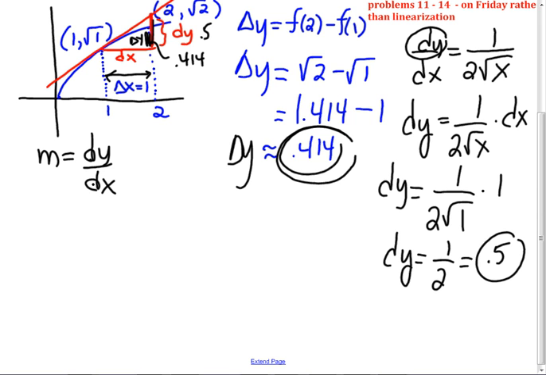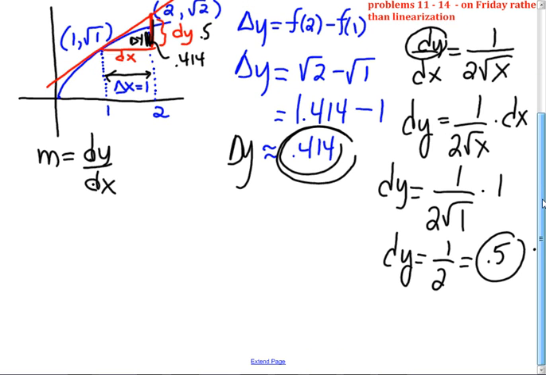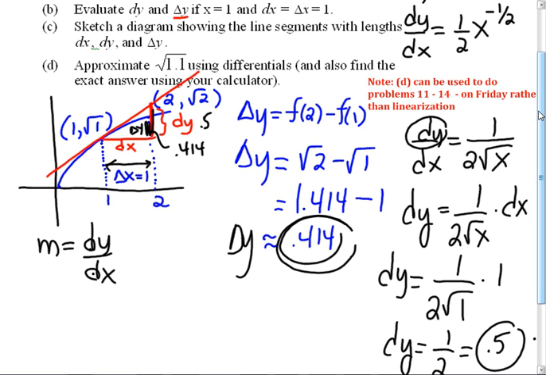Not bad, because delta x isn't very small. It's a pretty good estimate. It's just an estimate. They're going to ask you to estimate. It gives you 1/2. And that's just the arithmetic. The only calculus is taking the derivative. Why plug in 1 again? Because this is the slope of the tangent line, and we drew it at x equals 1.